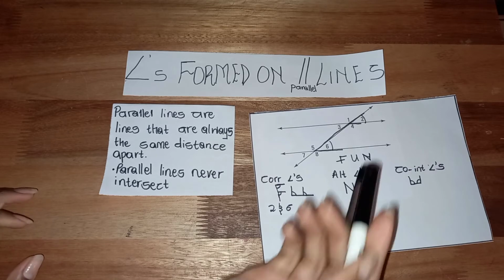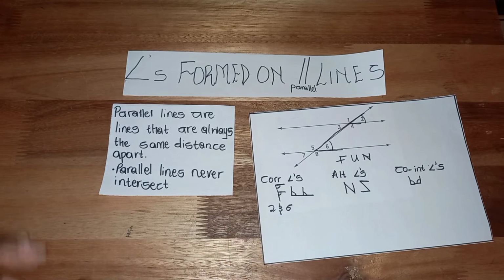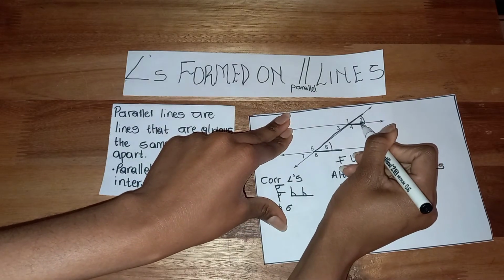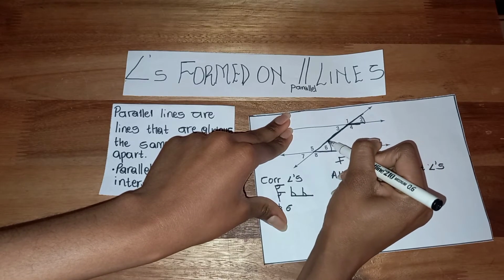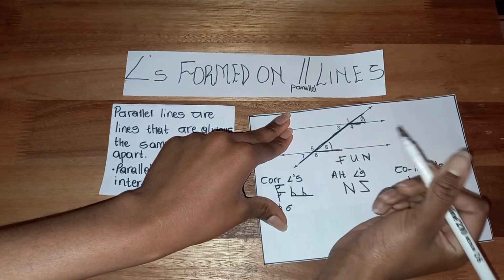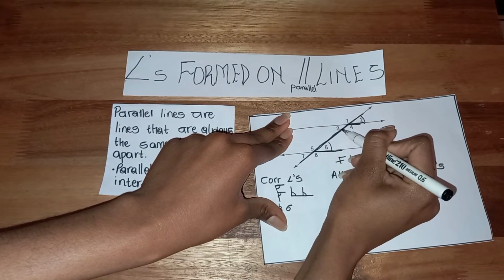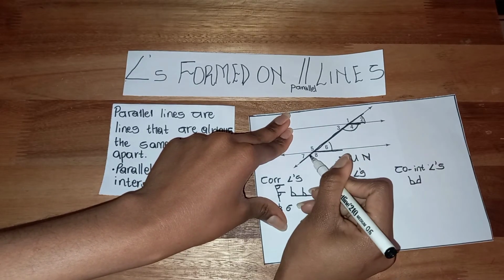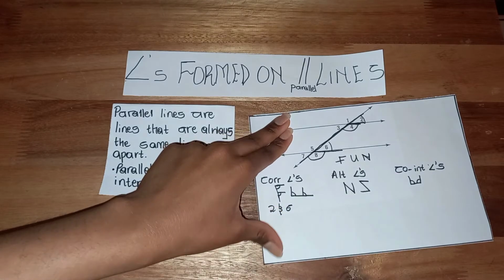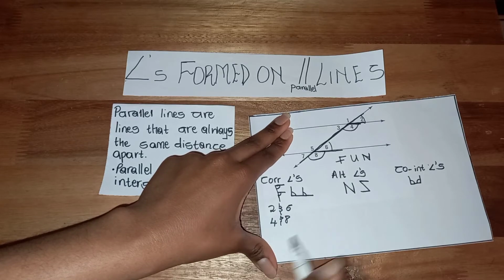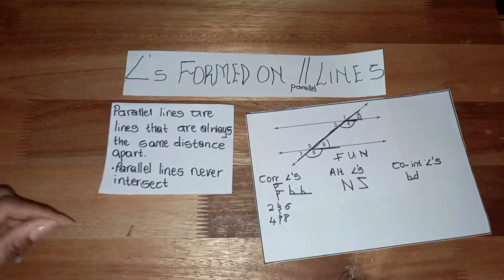So it means that 2 and 6 are equal. So let's move on and look for the next pair of corresponding angles. If we draw a line from 4, try to draw our F, and our line is here. You can see that we have an F. It means that 4 and 8 are equal. 4 and 8 are corresponding angles.